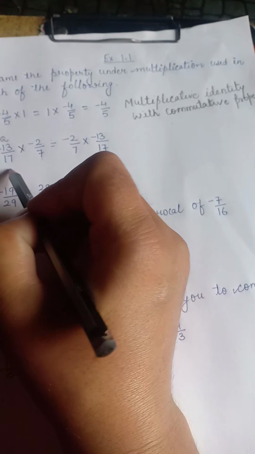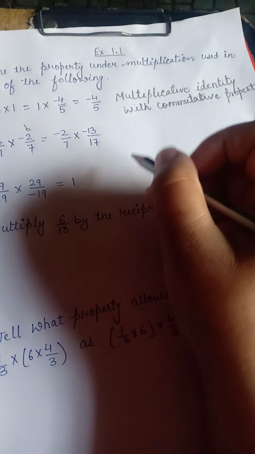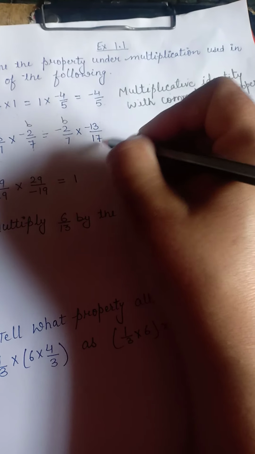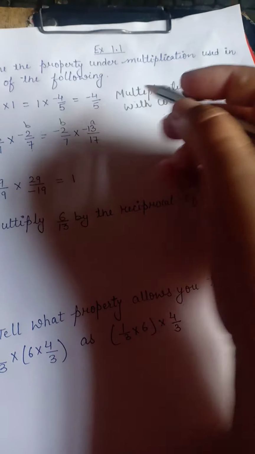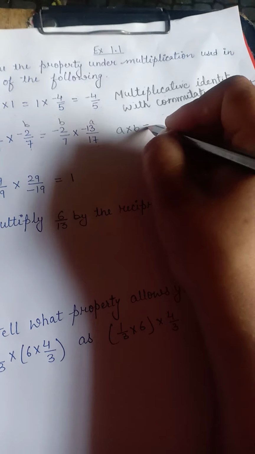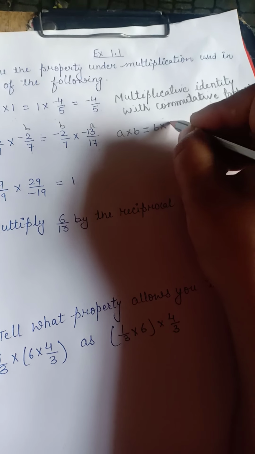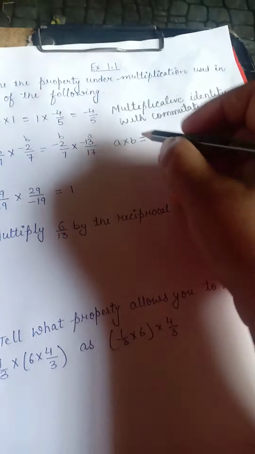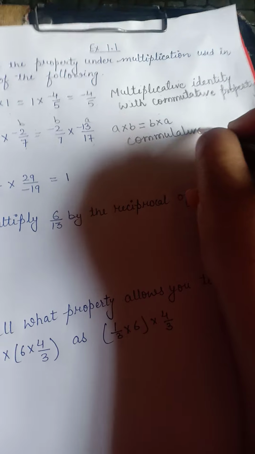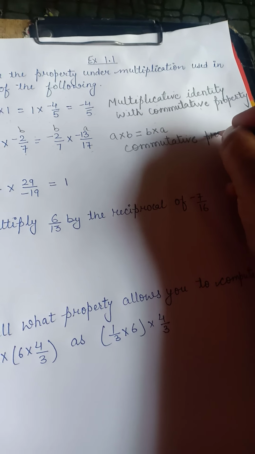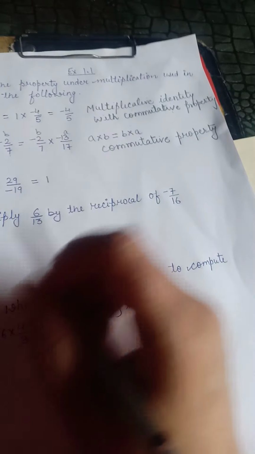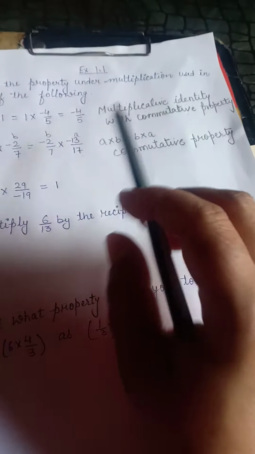If we consider the first one as A and the second one as B, then minus 2 upon 7 is B and minus 13 upon 17 is A. So only the positions of the rational numbers are interchanged, meaning A multiplied by B equals B multiplied by A. Only the position is changed, so we call it commutative property. So in this second part we are using commutative property under multiplication, as already given in the question.